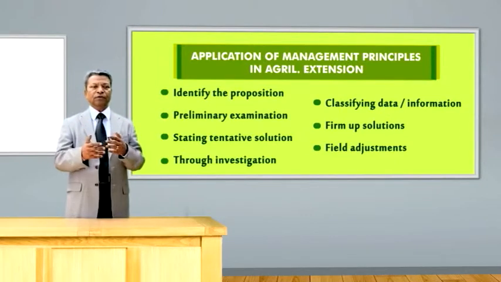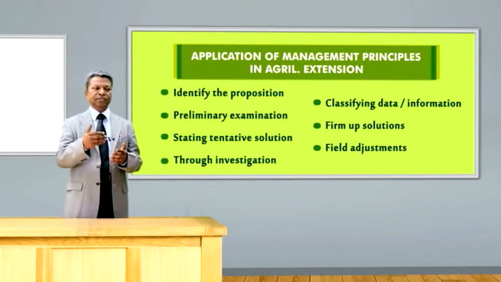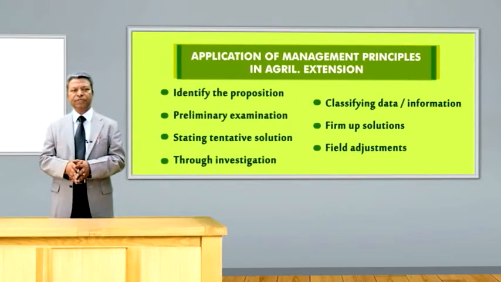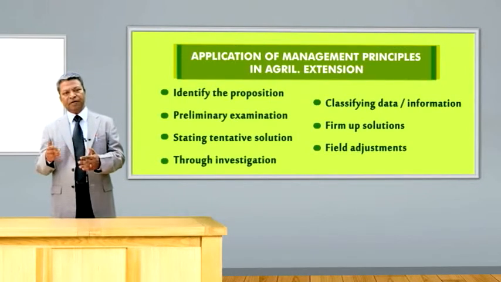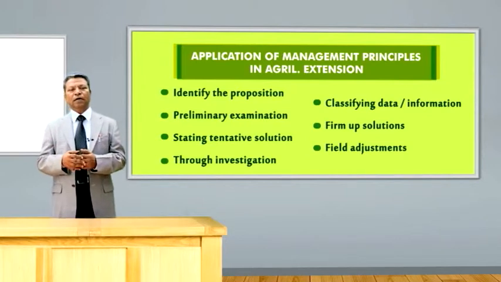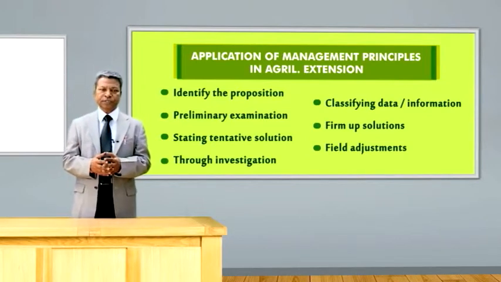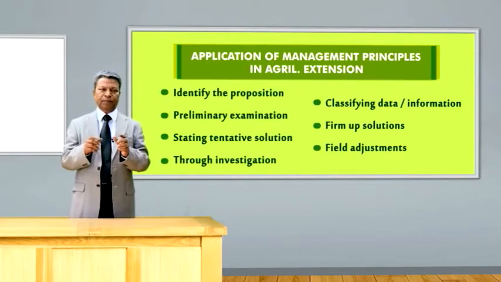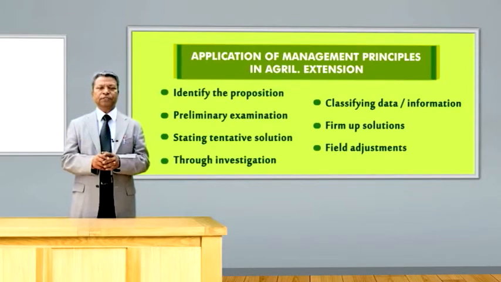Further, I will have to go for thorough investigation of the situations, the microclimate of area, the cropping pattern, the micro level situations, different categories of the farmer in a block, how they are responding to the situation, how they are responding to the extension. This step, 4th step, is called the thorough investigation step.